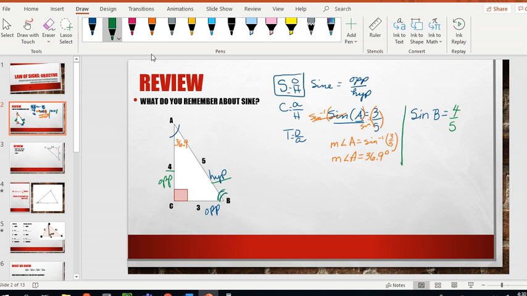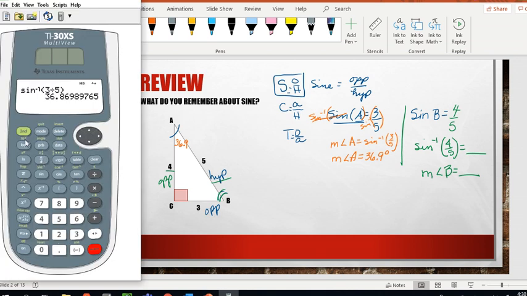I want to do this one, and I know what I have to do is sine inverse of 4/5 to find B, okay? So the measure of angle B is equal to whatever sine inverse of 4/5 is. All right, so second sine of 4/5.